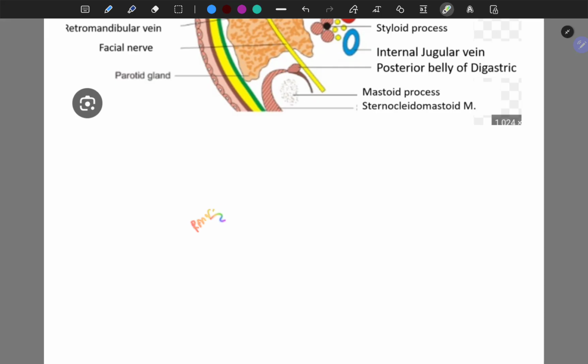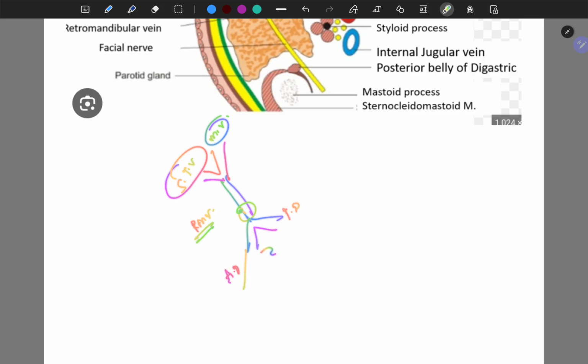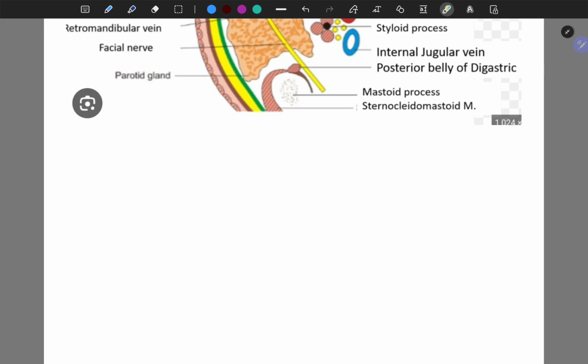The retromandibular vein is mainly formed by the superficial temporal vein and the maxillary vein, and it divides into an anterior division and a posterior division.